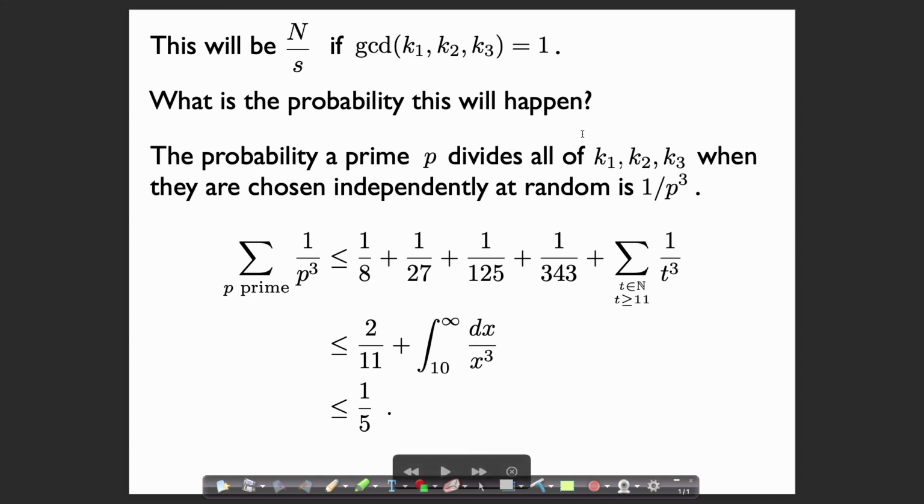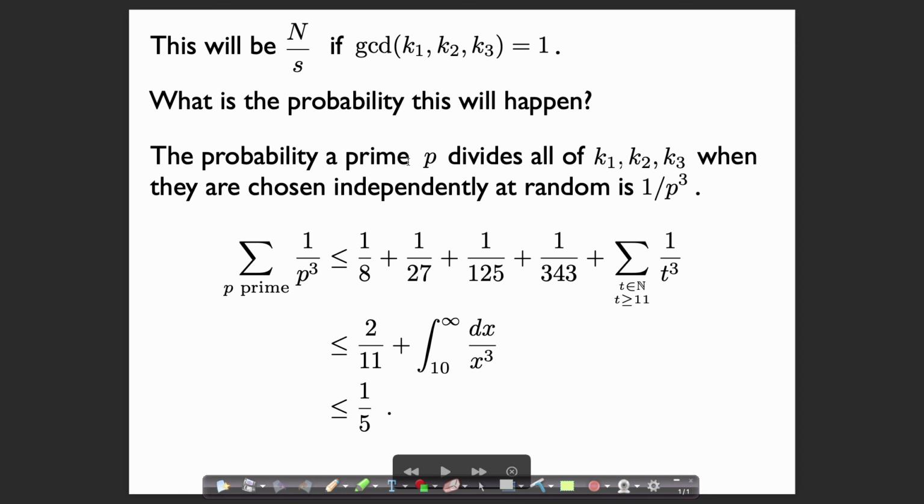And each of these K1, K2, K3 are chosen independently at random, right? Because how do we obtain the K1, K2, K3? It's by repeating this quantum procedure multiple times. Each time we see an independent result.